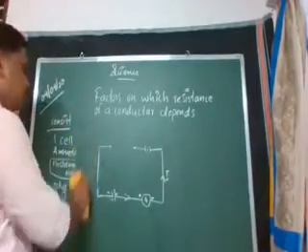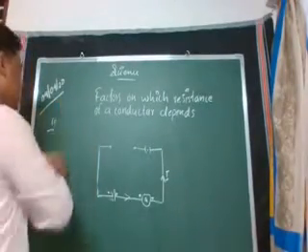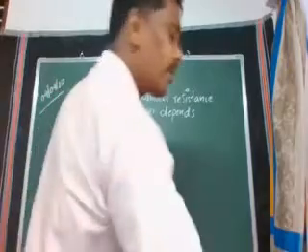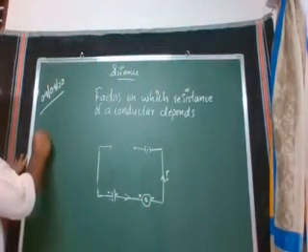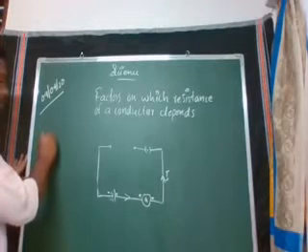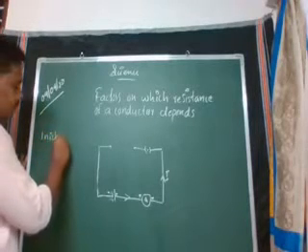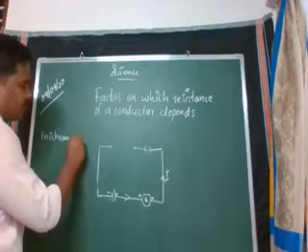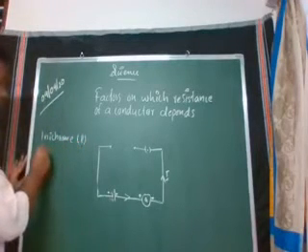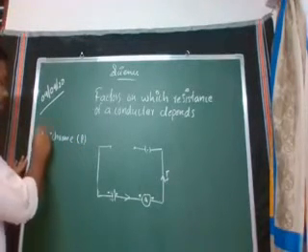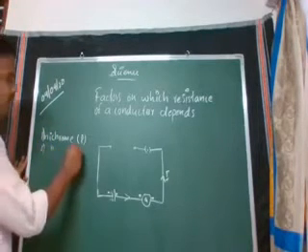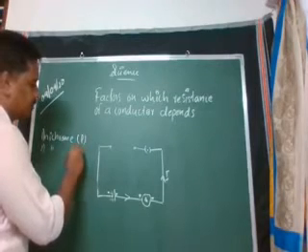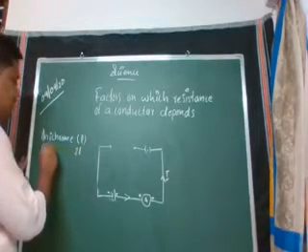So let us go through the things we are using for checking the ammeter reading. First, we are taking a nichrome wire of length L, and again one nichrome wire of length 2L.